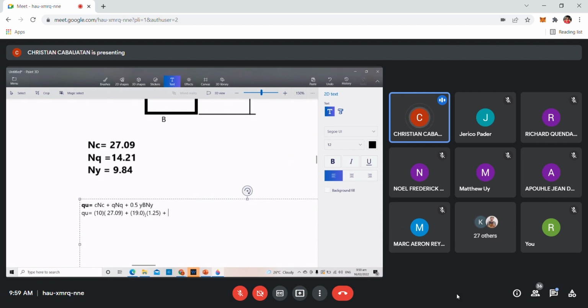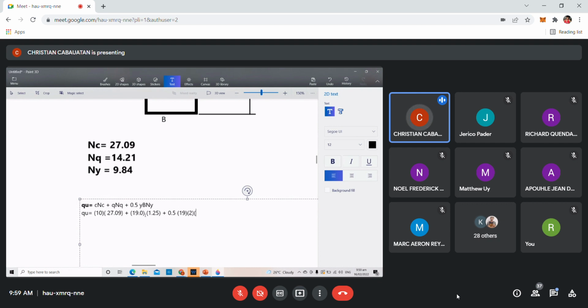Okay. I-add natin siya kay 0.5. Tama? Which is the unit weight, 19. Multiply natin siya kay B or the width of the footing, which is 2. And then multiply natin siya kay N gamma.